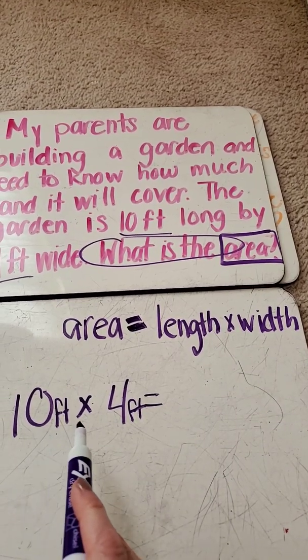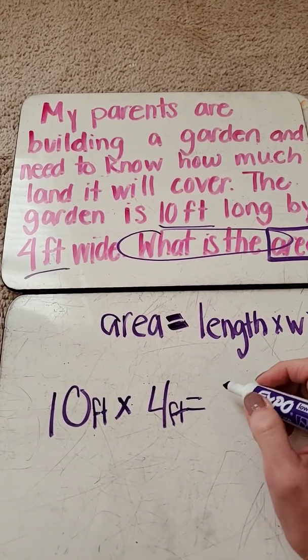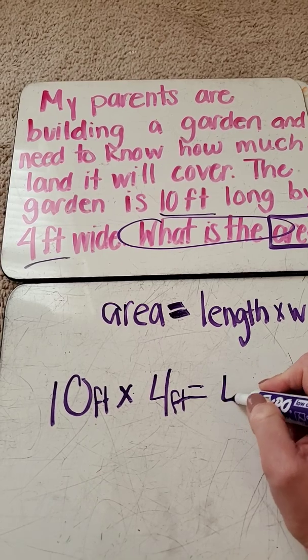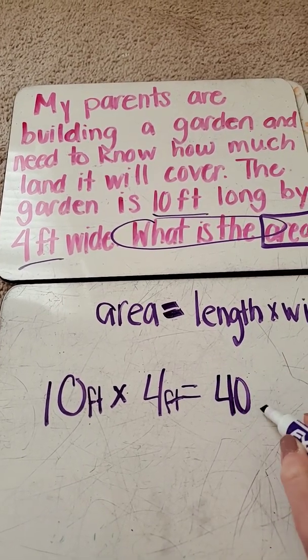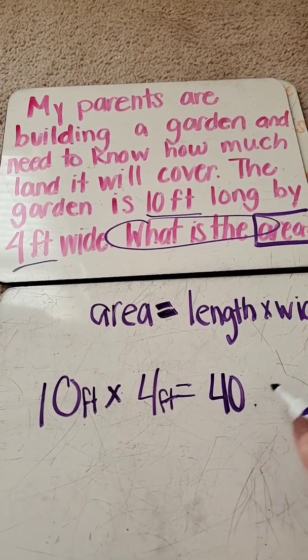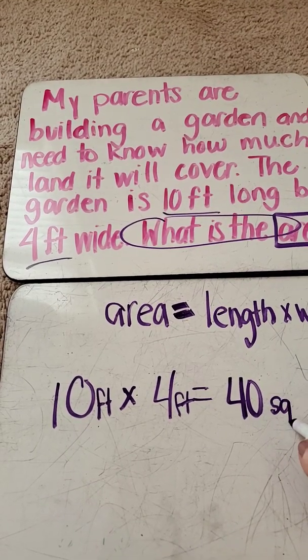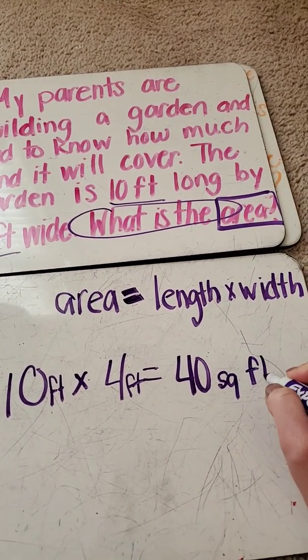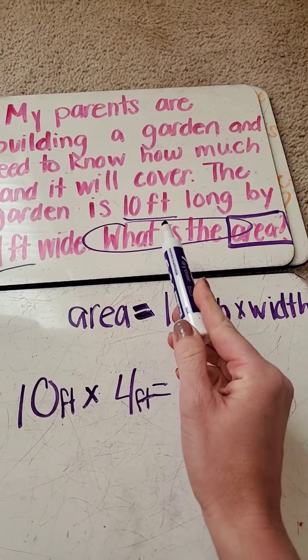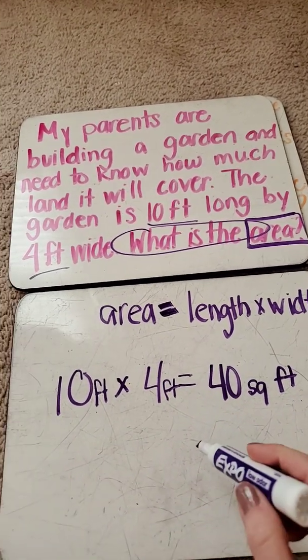So 10 feet by 4 feet, what's 10 times 4? 40. And I can't forget my label. I need to write square feet. This time we know we're measuring feet. Why do we write the squared?